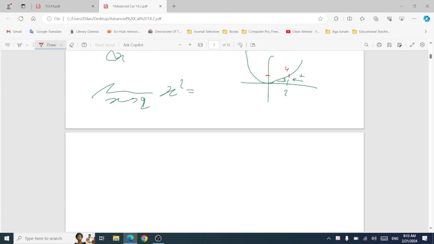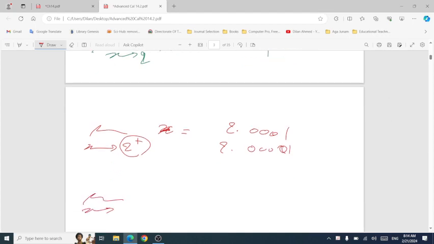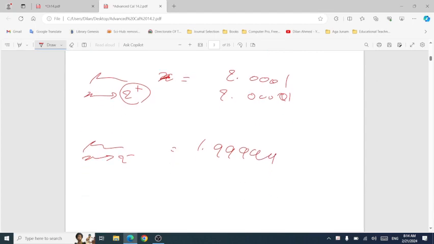For example, if I put more than 2 for x, what do I mean by more than 2? I mean 2.0001, 2.0002. This means 2 from the other side, from the right side. And what do I mean by 2 from the left side? We mean 1.9999. Clear?